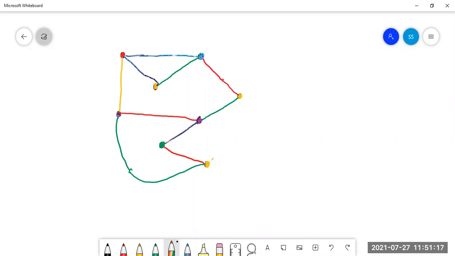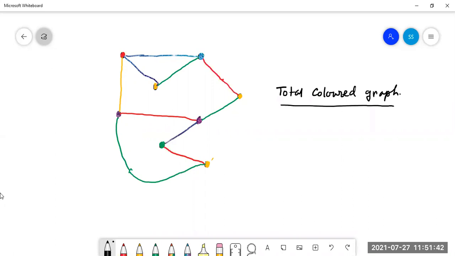Yes, sir. So look at here, this is one of the vertices. If we take the clear cut thing, it is the proper coloring of a graph or total colored graph. Look at here, this is the red, one of the vertices.